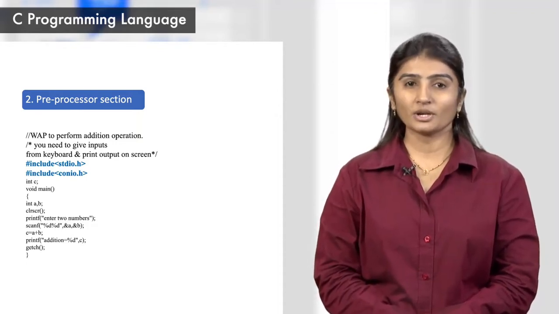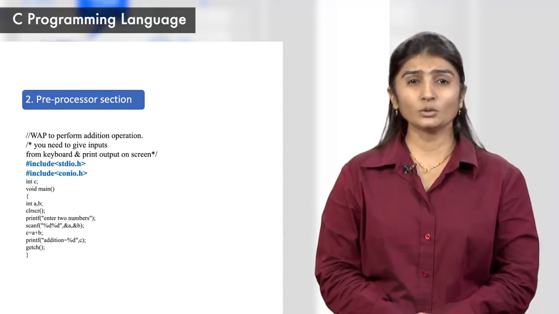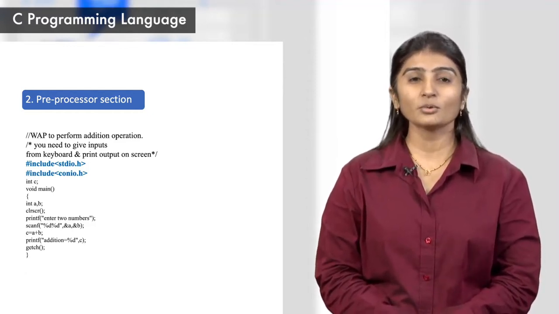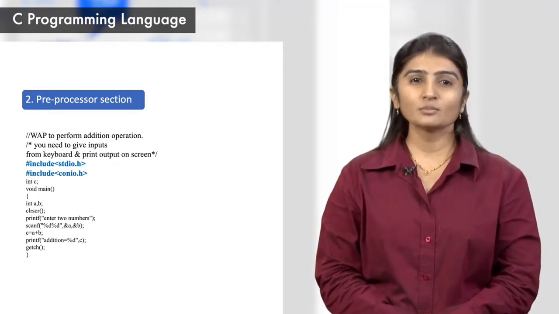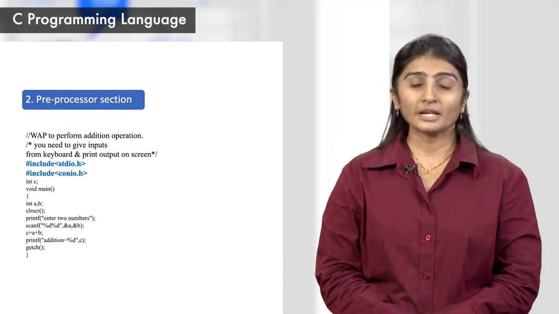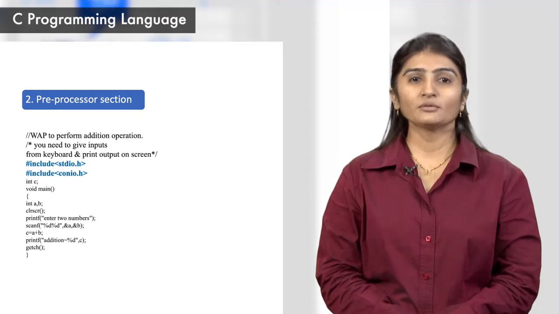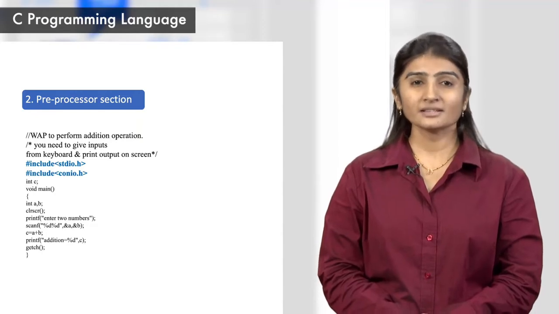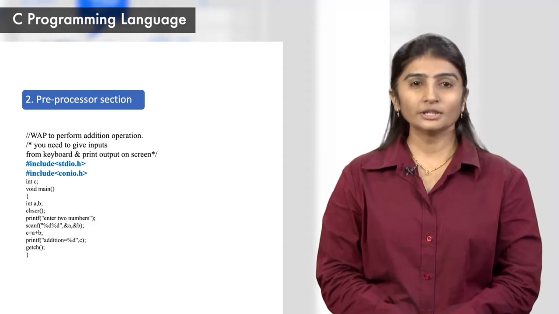In a normal C program we include a basic first header file, hash include stdio.h. So stdio.h stands for standard input output. The .h stands for header file, and standard input output is the name of that specific header file. This header file consists of input output related functions. So when we are using input output related functions, we have to include that specific header file. This is a normal example. In this section we will add all the header files.